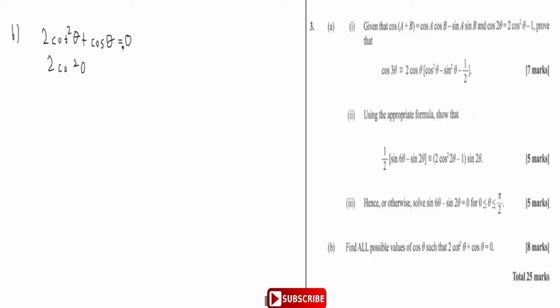There are many ways you can solve it, and you can even use another identity, because we know that cot squared is 1 minus cosec squared. So you can even utilize this identity that cot squared is equal to 1 minus cosec squared theta.